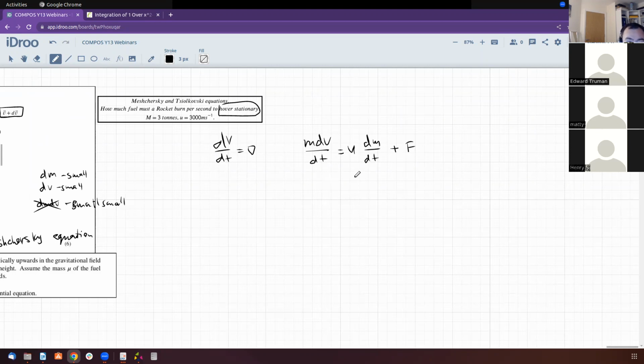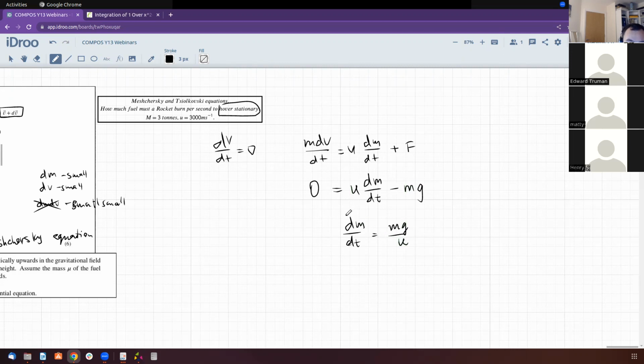So we have this equal to 0, equal to u dm dt minus mg, the mass of the rocket times g. So dm dt is equal to mg over u.